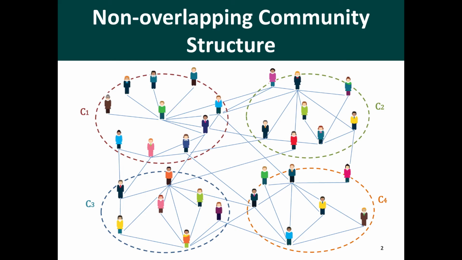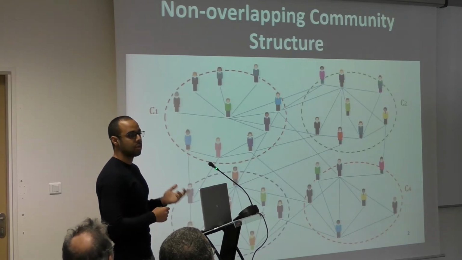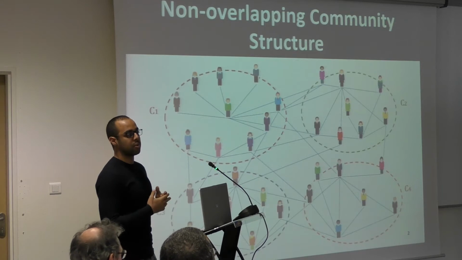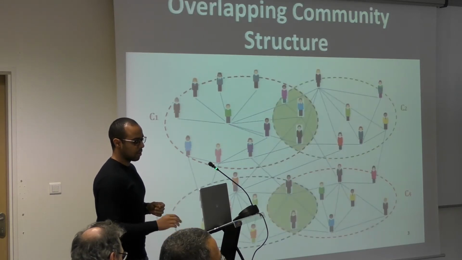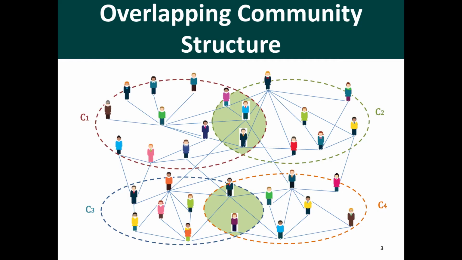In fact, there are two types of communities: the non-overlapping community structure, where nodes can belong to just one community, and the overlapping community structure, where nodes may belong to multiple communities, and these nodes are called the overlapping nodes.